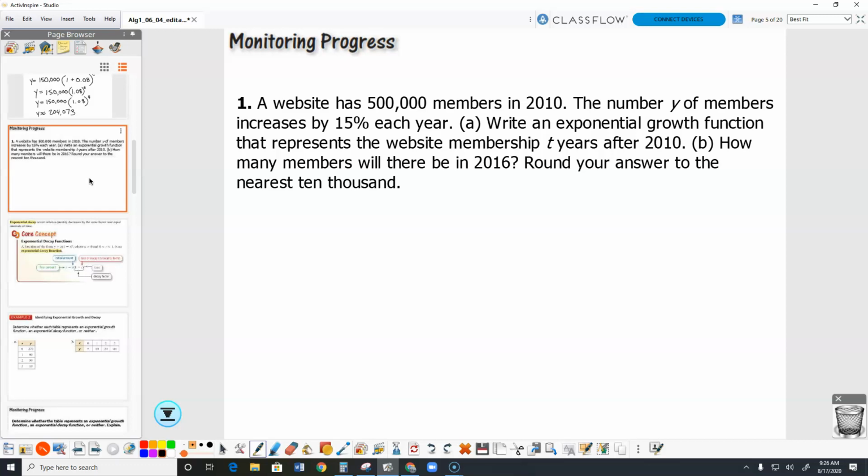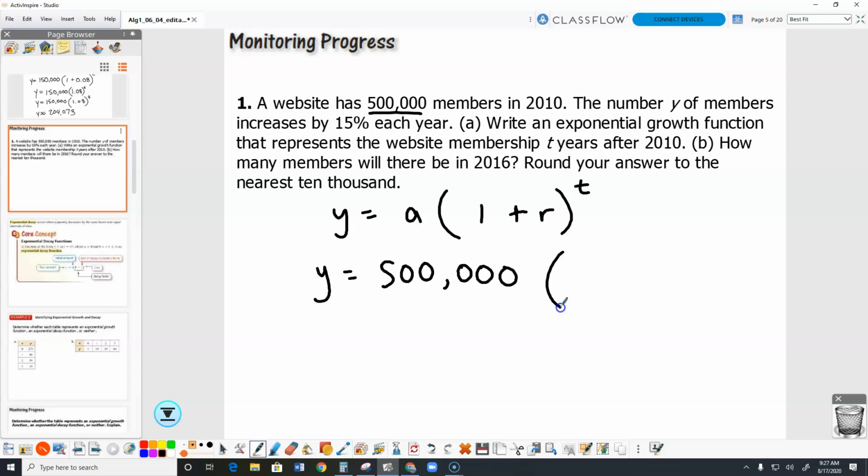All right, so let's start by writing out our equation. So y equals a times 1 plus r to the power of t. Okay, so y equals, our initial amount is 500,000. So y equals 500,000 times 1 plus our rate. Our rate is 15%. So let's move the decimal over 2 places.